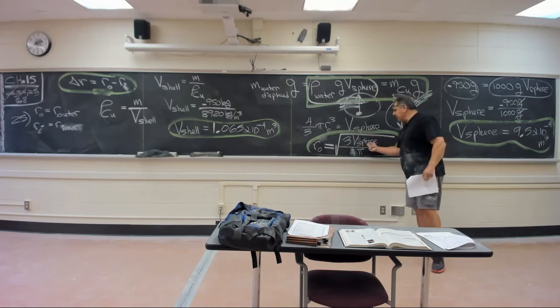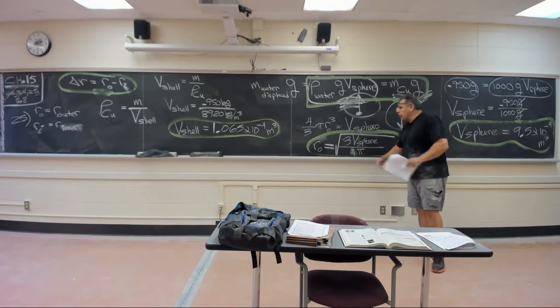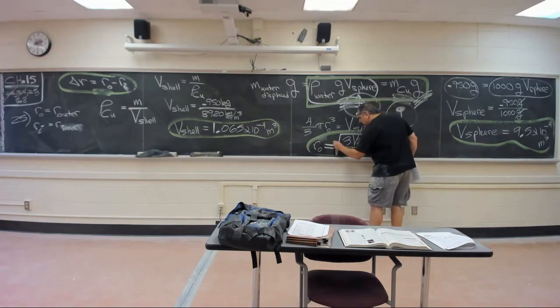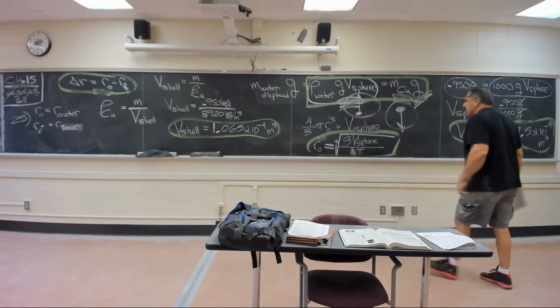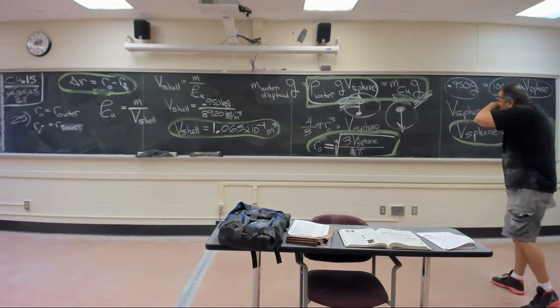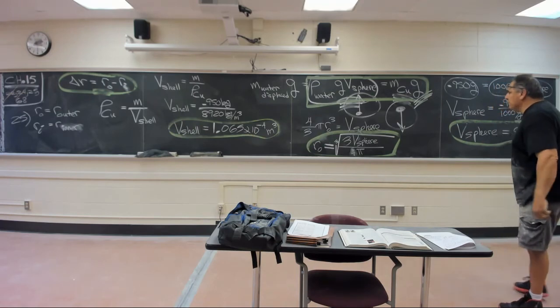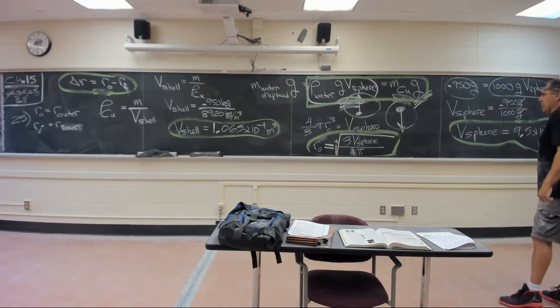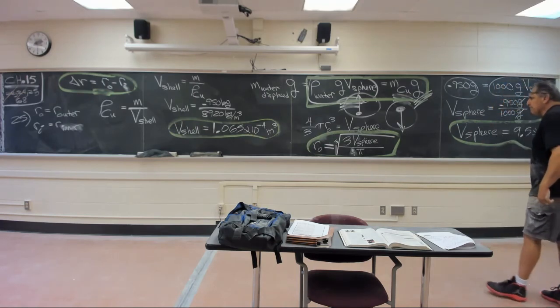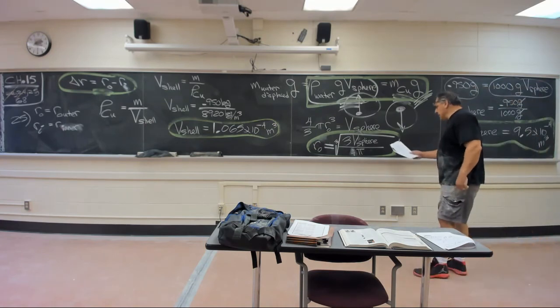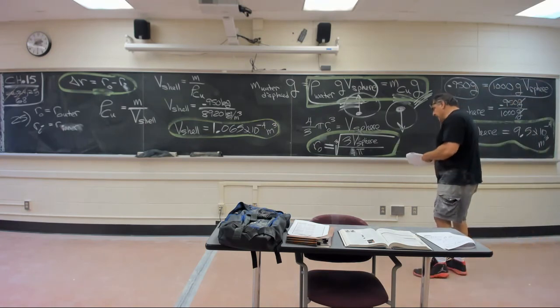So 3 times V sphere divided by the product 4 pi, get an answer. Cube root that answer, rather. I'm sorry, that's a cube root, guys. We're so used to using the square roots. It's got to be a cube root. Cube root the answer, and that'll get you there.